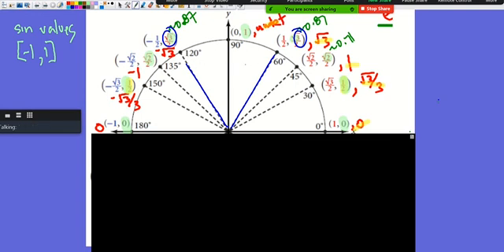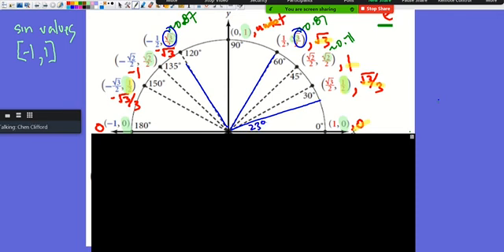So let's hypothetically think of, let's say, 23 degrees. Let me write it here as it should have been.